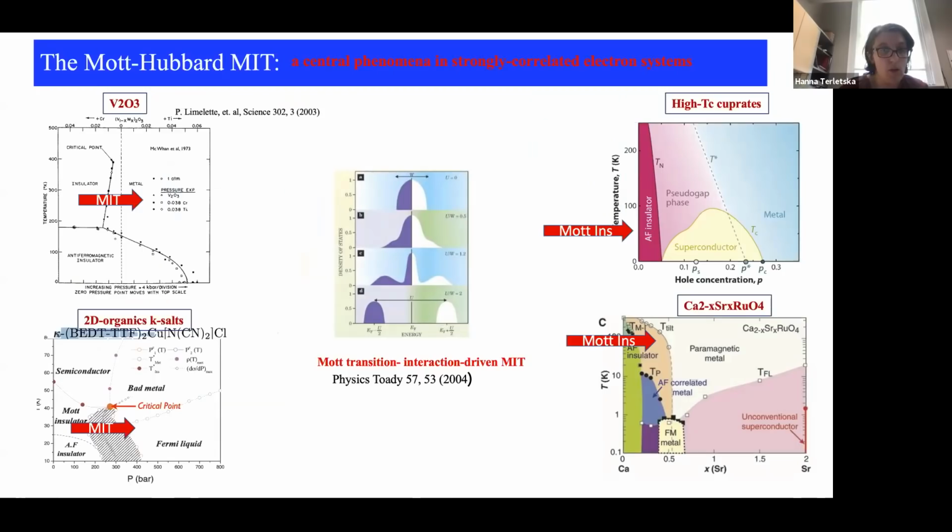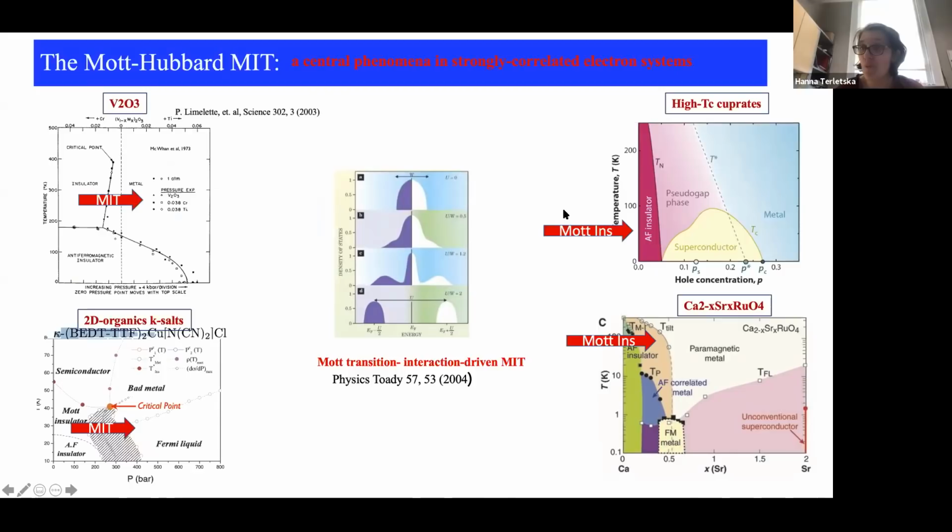Also, the Mott metal-insulator transition has been seen in 2D organic kappa salts, and this is shown in this shaded region here. The shaded region corresponds to the fact that the metal-insulator transition is actually a first order transition. So there is some coexistence region which is depicted by this shaded area here.